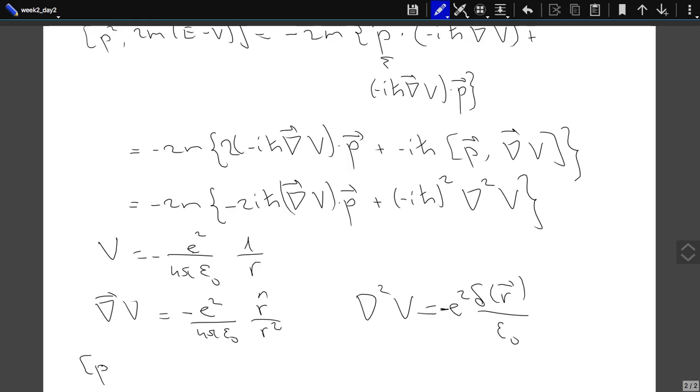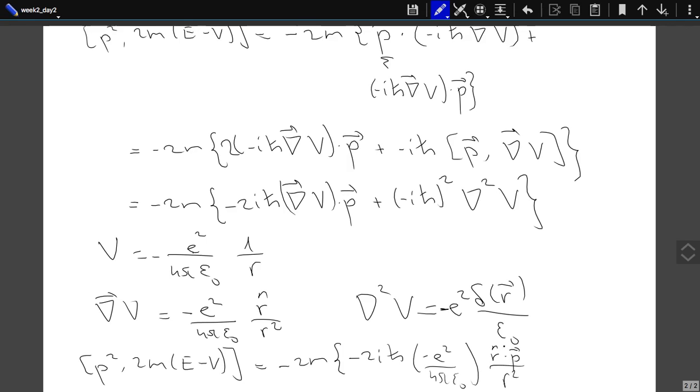So now we have the final result that this commutator is equal to minus 2m, minus 2i h bar, times minus e squared over 4 pi epsilon 0, r hat dot p divided by r squared.